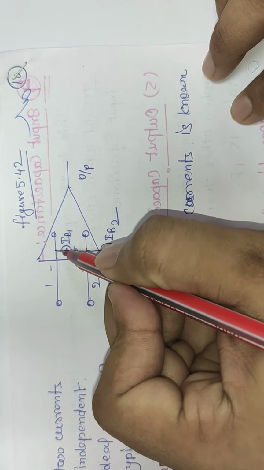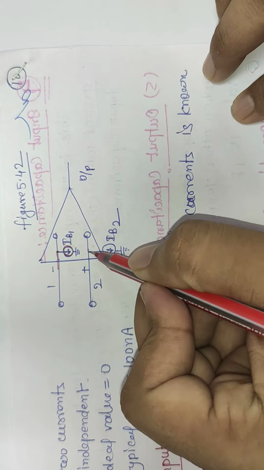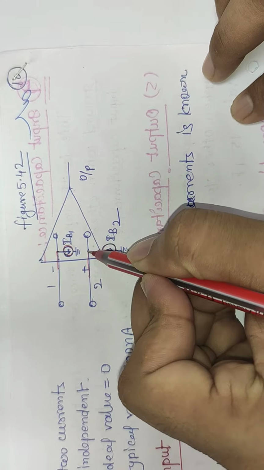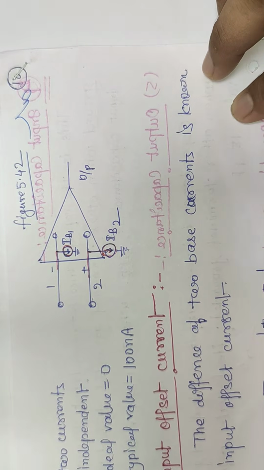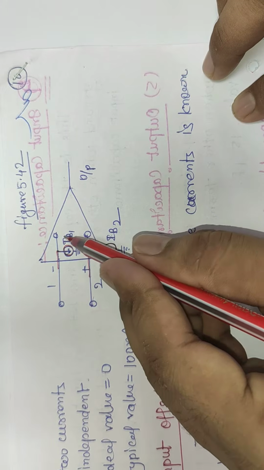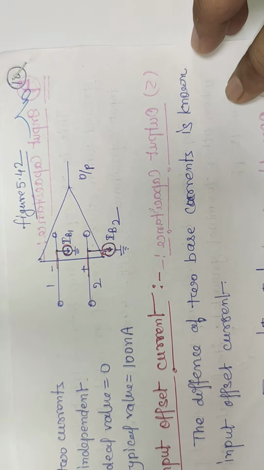This one is IB1, which is flowing through the inverting terminal, and IB2 flowing through the non-inverting terminal of the operational amplifier. Then the average of these two, IB1 and IB2, is input bias current.